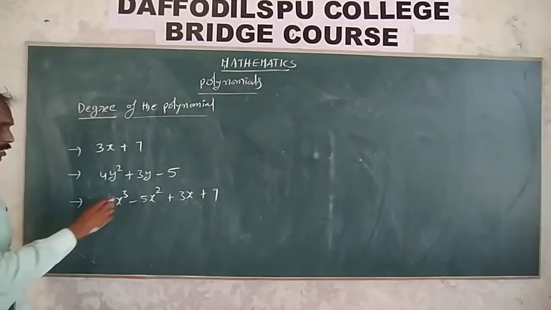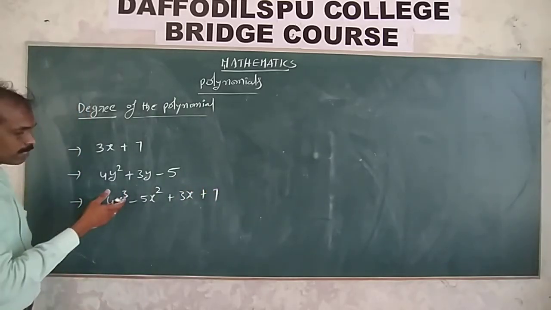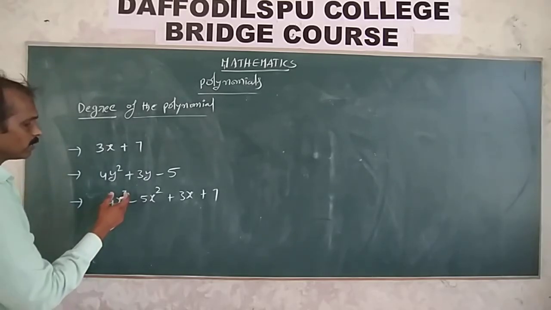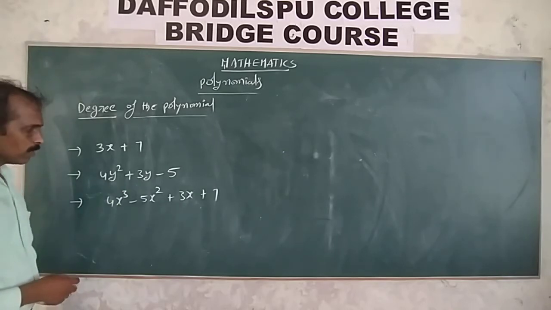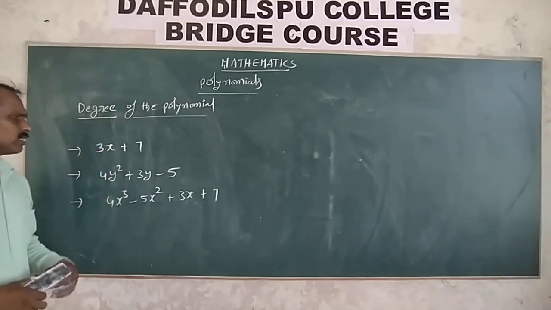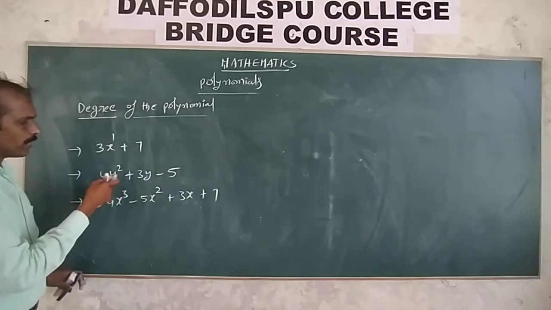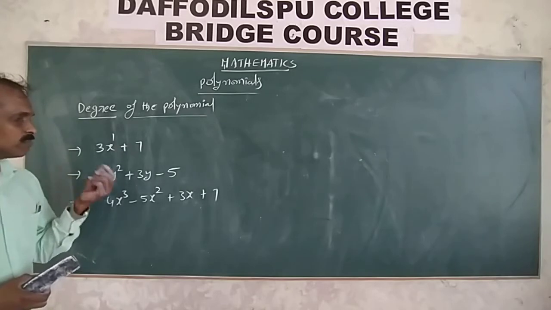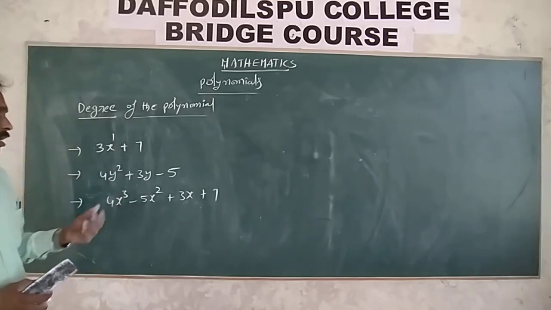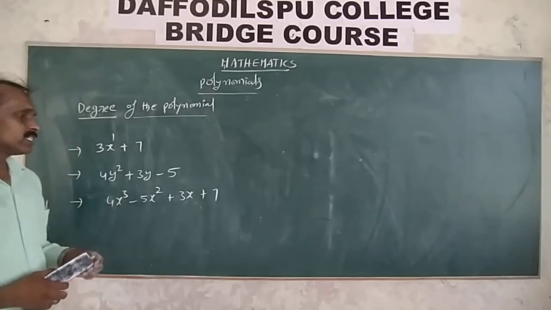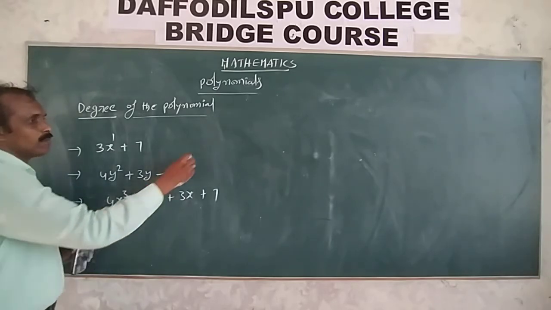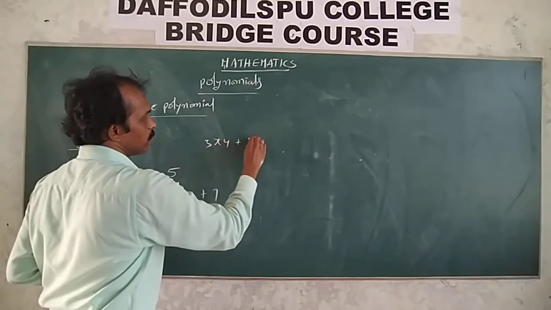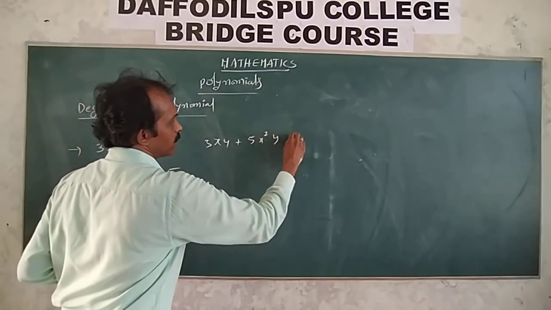This one is a third degree polynomial. Its highest power is 3. So this is called a third degree polynomial, and another name is cubic polynomial. In terms of x, its power is 1; in terms of y, its power is 2. Suppose there is a combination of two variables in a term, then how can you decide the degree? It is the sum of its powers. Suppose 3xy plus 5x square y minus 7.